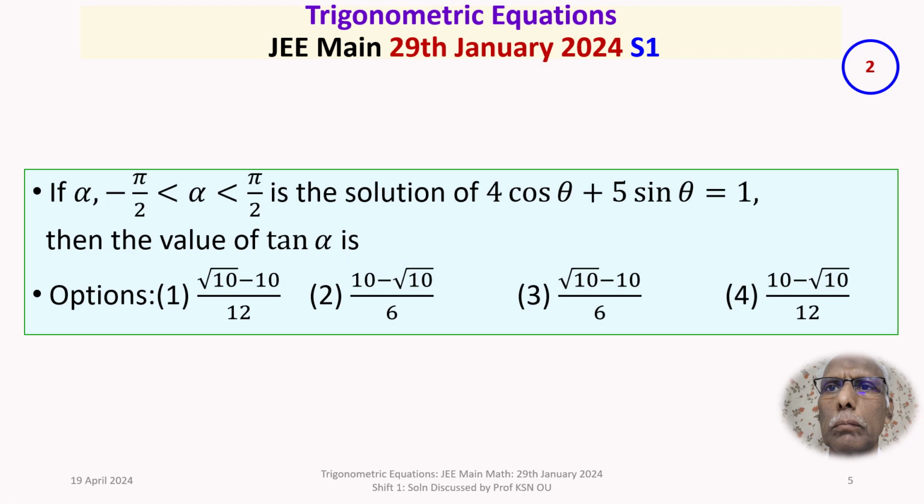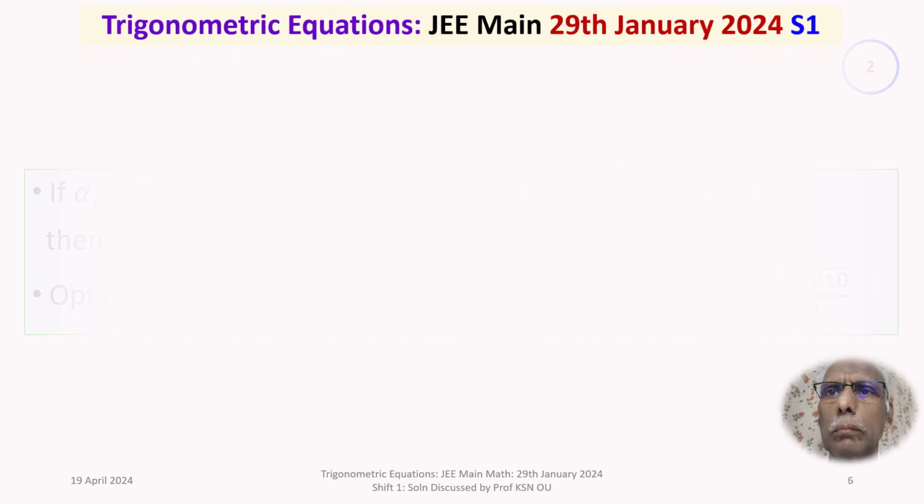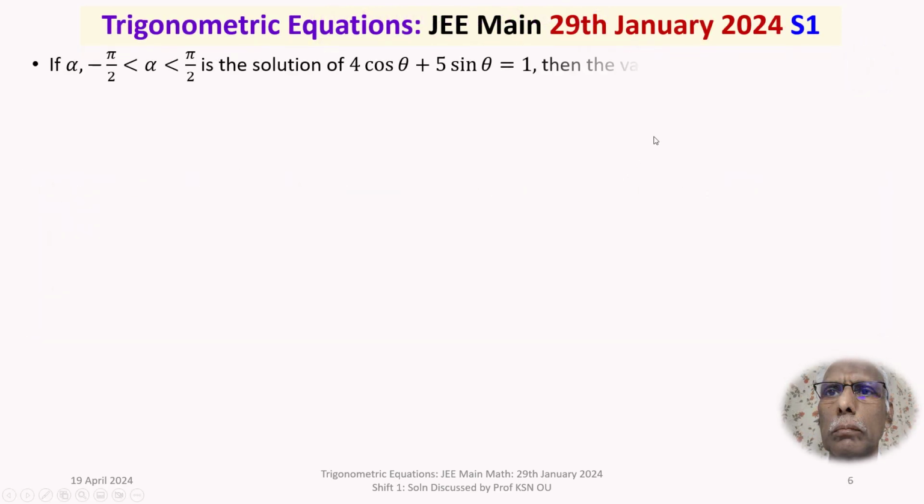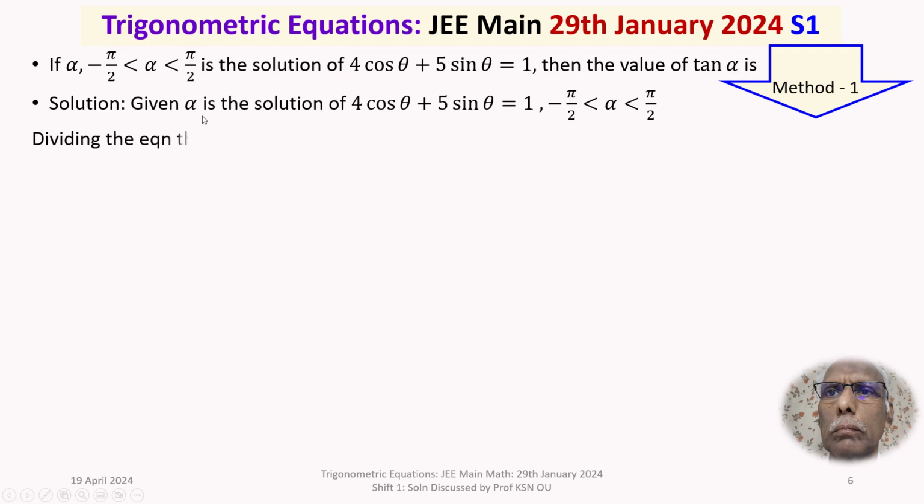Now I will discuss the solution of this problem in 2 methods. First, we go for the first method. Given alpha is the solution of 4 cos theta plus 5 sin theta is equal to 1, where alpha belongs to the open interval (minus pi by 2, pi by 2).